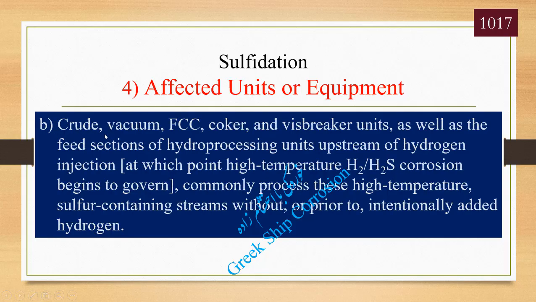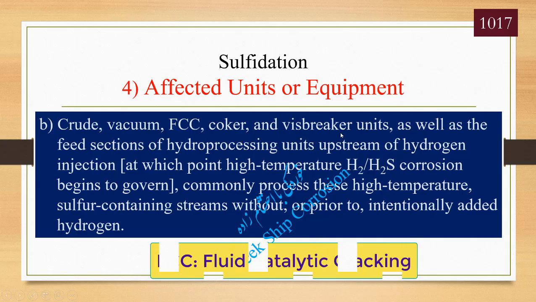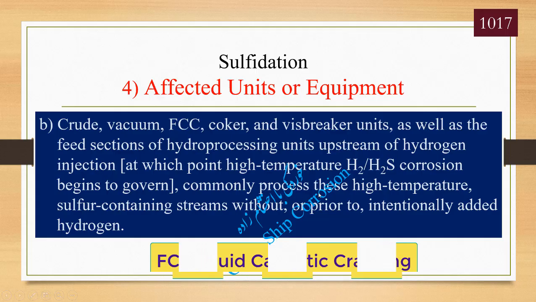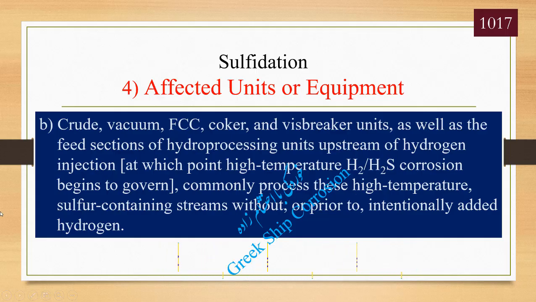B. Crude, vacuum, FCC, coker, and visbreaker units, as well as the feed sections of hydroprocessing units upstream of hydrogen injection, at which point high-temperature H2/H2S corrosion begins to govern, commonly process these high-temperature sulfur-containing streams without or prior to intentionally added hydrogen.